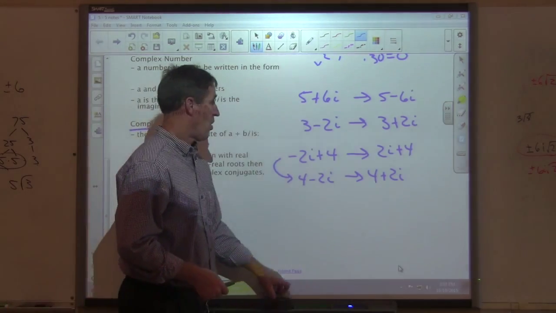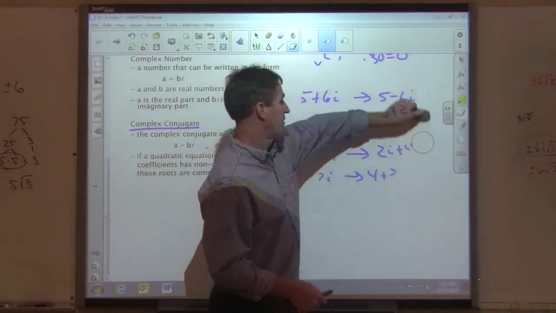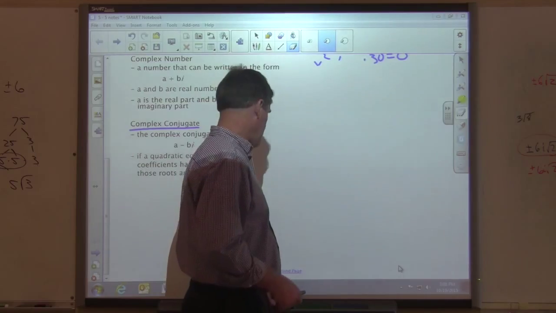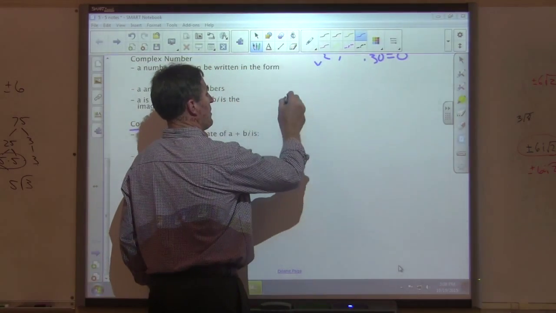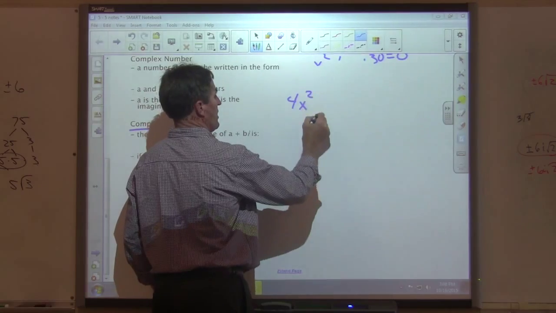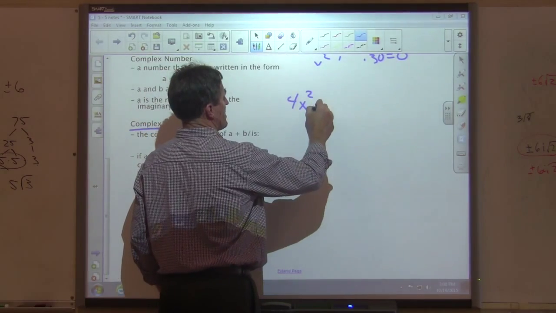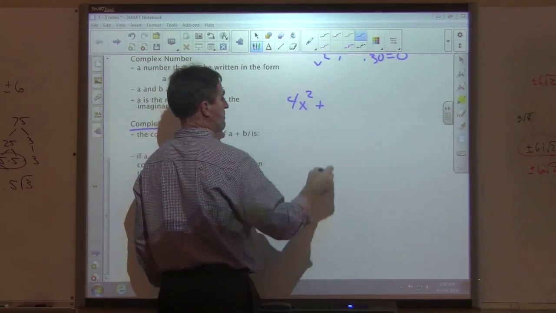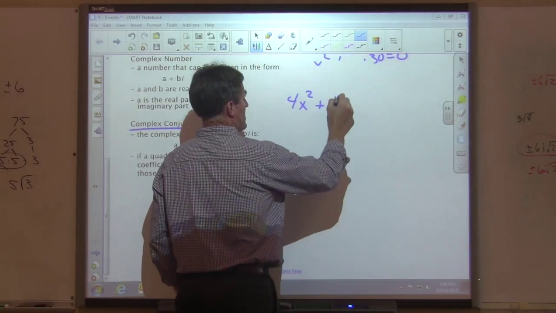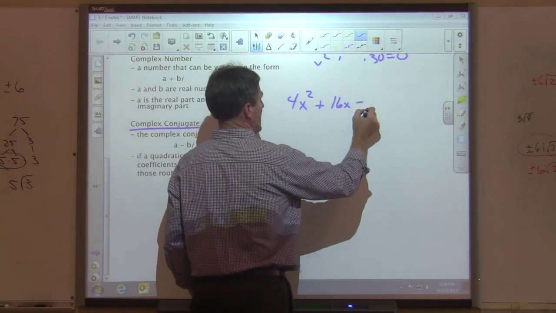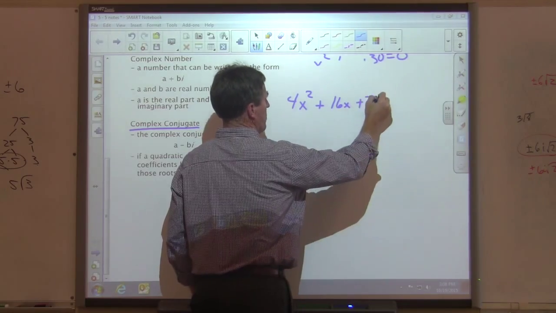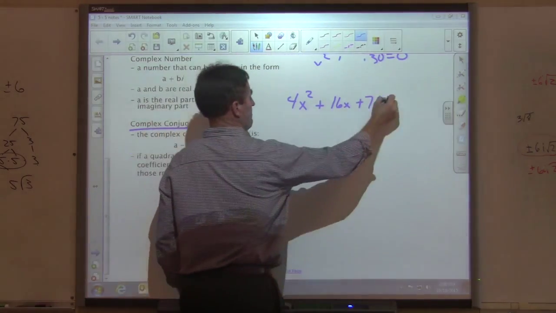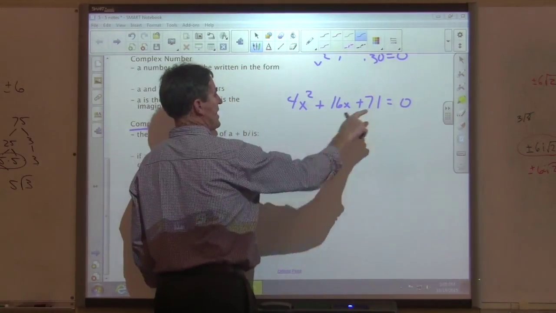So, on the assignment, you're going to do a lot of work we've been doing on completing the squares. So let's take another look at one of those. Let's put a number in front. Let's go 4x squared plus 16x plus 71. So we set it equal to 0.